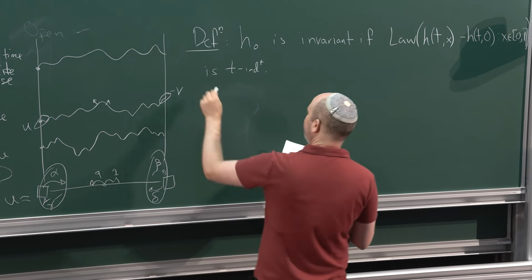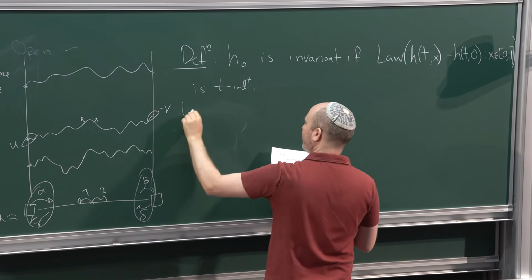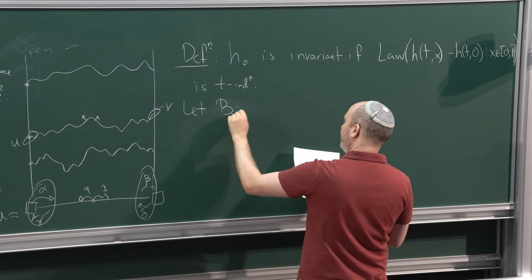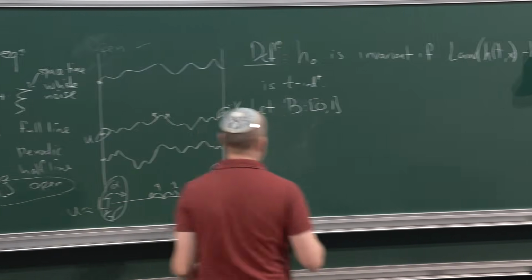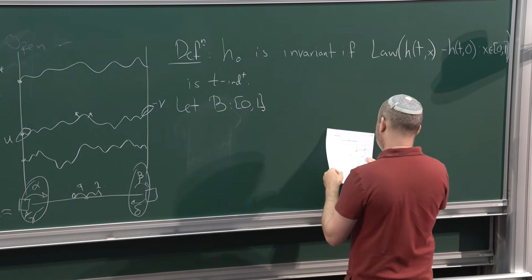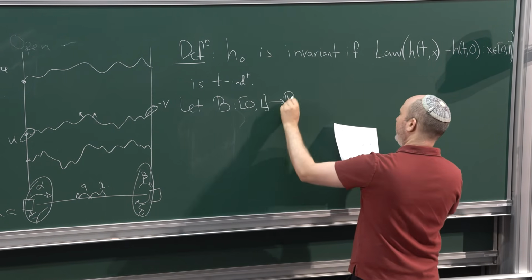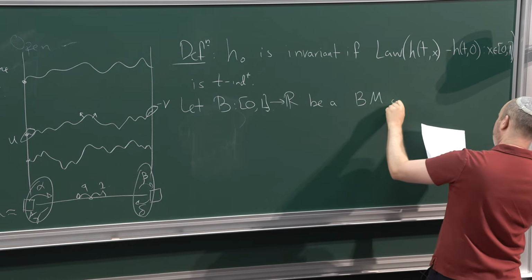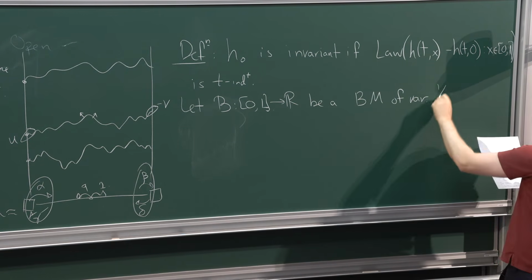And so here's the result. Let me continue the definition and define something. I'm going to give you the stationary measures in a moment. So let B from 0 to L, I can literally write L everywhere, to R, be a Brownian motion, and for some conventions, I'm going to choose the variance to be 1/2.